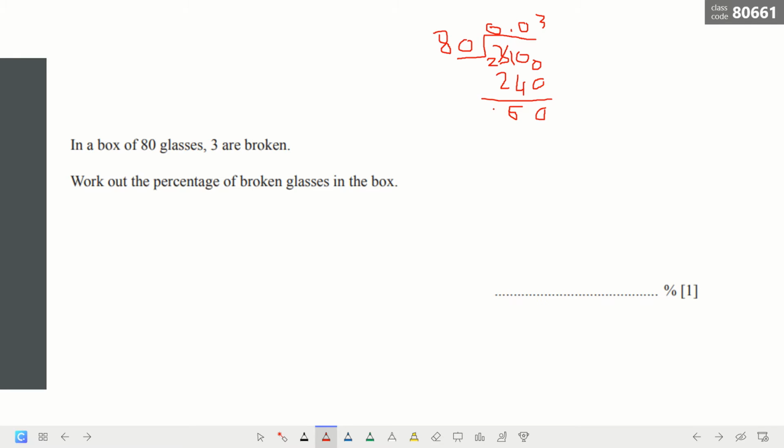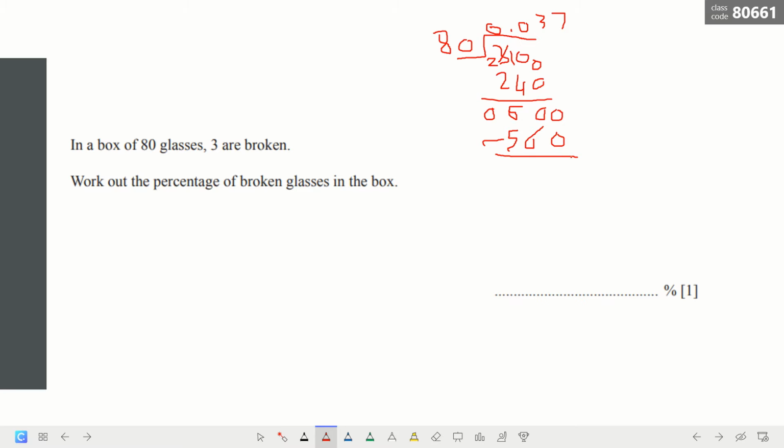Then 2 minus 2 is 0. Now I have to add another 0 to find the third digit, to make a good approximation for the percent. Now I have 600 divided by 80, the best is 7. 7 times 8 is equal to 560. Now I subtract again.